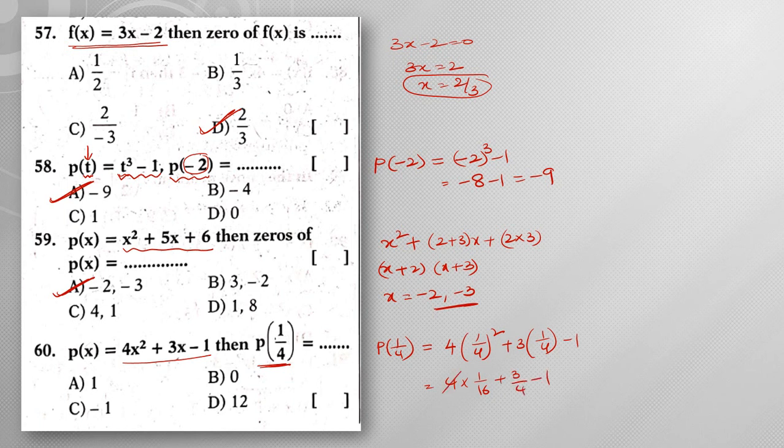The 4 in the numerator cancels with 16 in the denominator, giving 1 by 4 plus 3 by 4, which is 4 by 4 minus 1. 4 by 4 is 1, so 1 minus 1 is equal to 0. Hence the answer is 0.